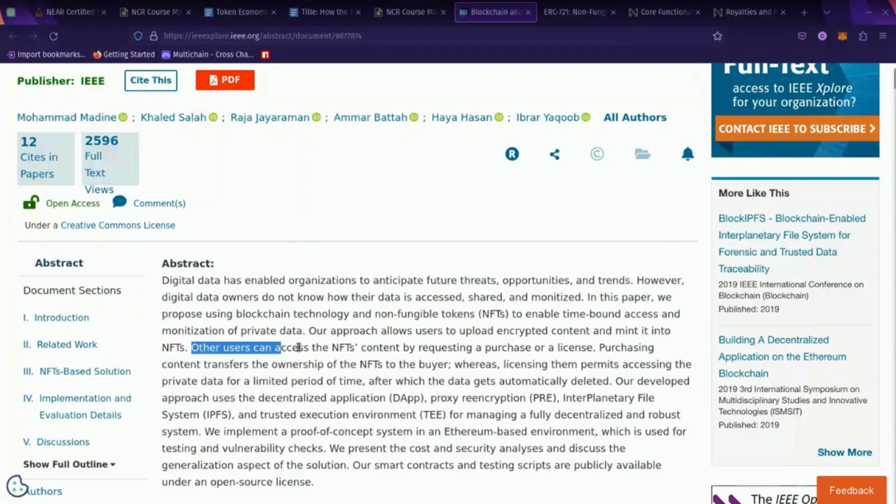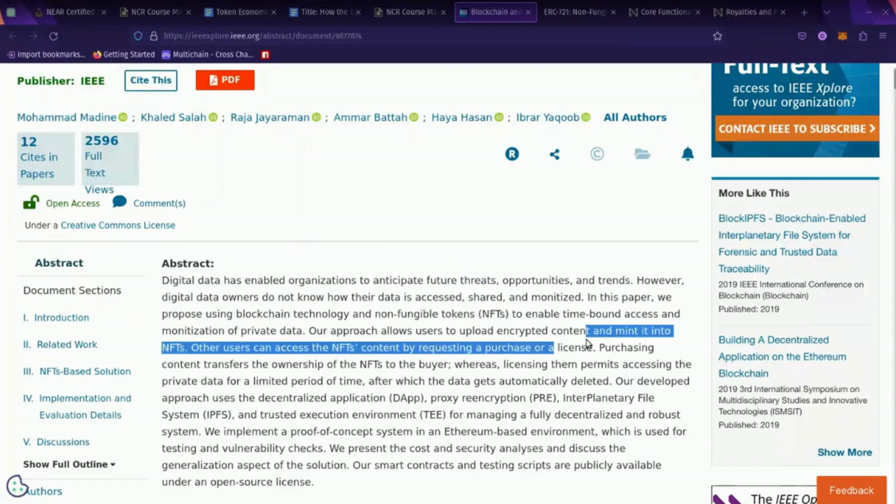Other users can access the NFT's content by requesting a purchase or a license, right? So in the Web 2 world, we would call this a licensing agreement, or you have a license to access the data. In the Web 3 world, potentially, you could still have licenses, but potentially you could have it all done by a smart contract. Once someone has access to the NFT, they immediately have access to the data.